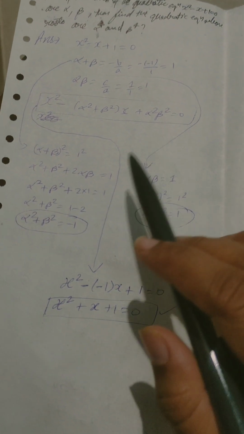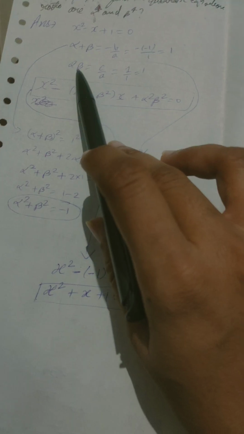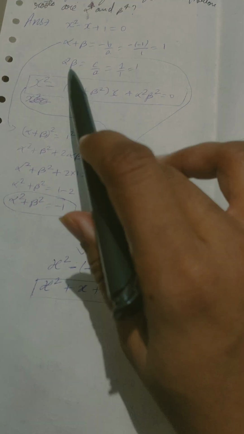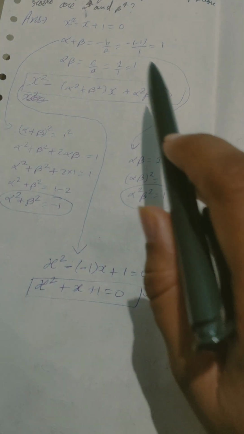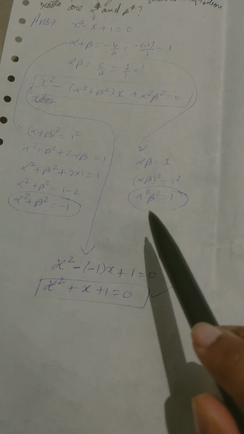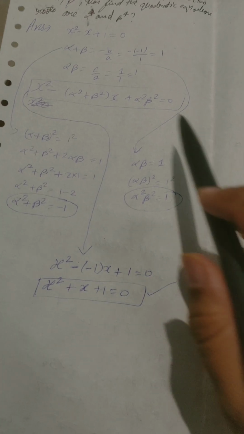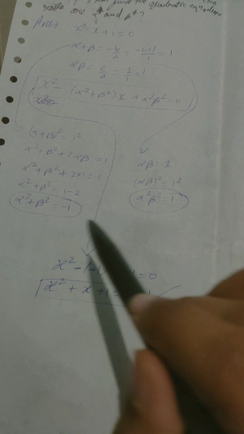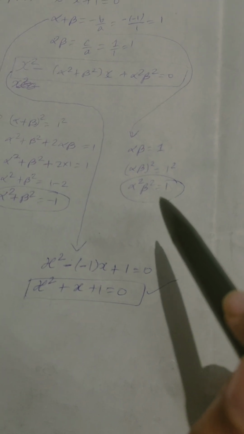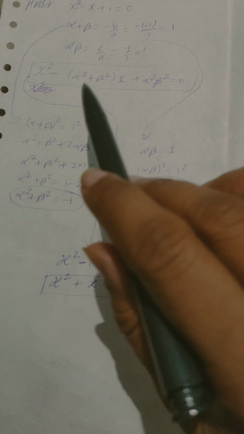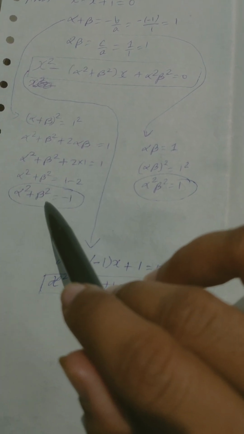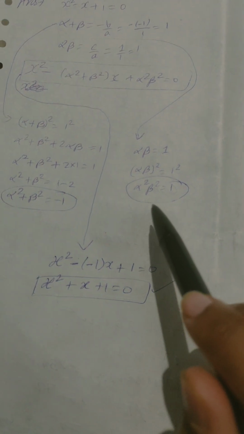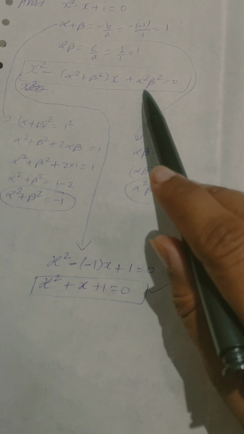Now from the equation alpha beta equal to c by a, alpha beta equal to 1, if we square left and right hand side, we will get alpha square beta square equal to 1. Then we can put alpha square plus beta square equal to minus 1 and alpha square beta square equal to 1 here.